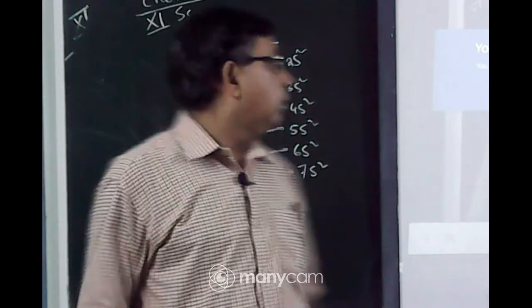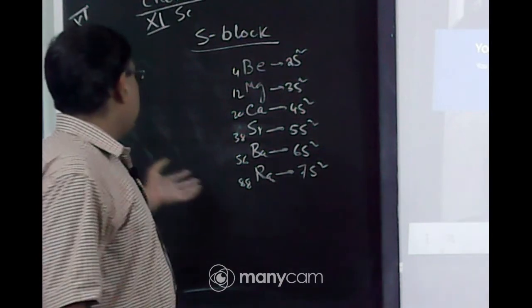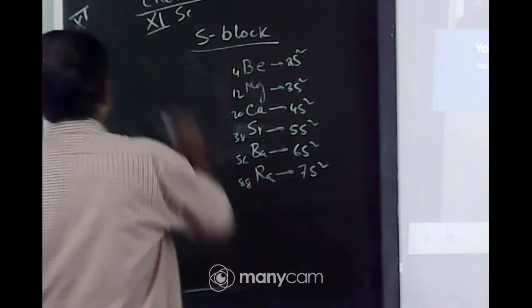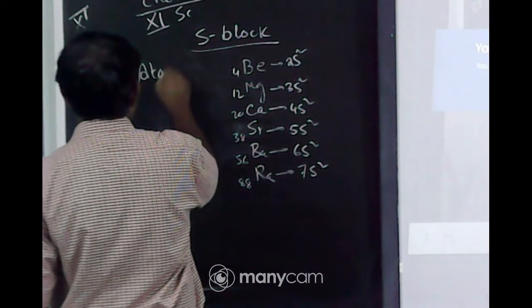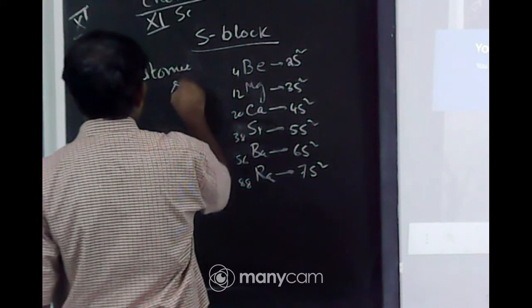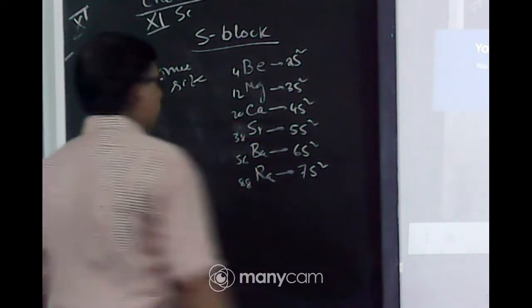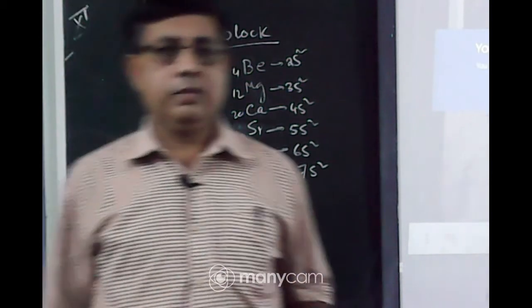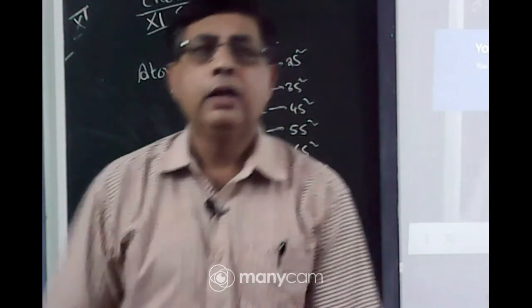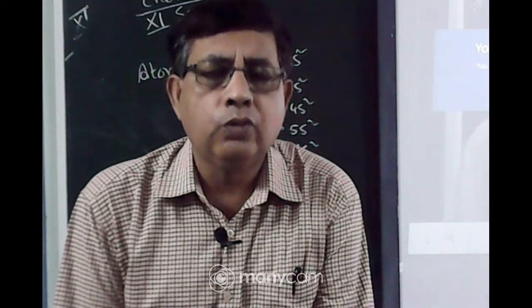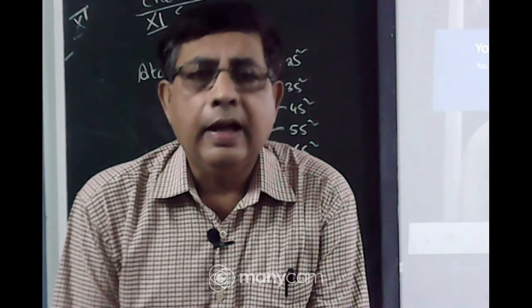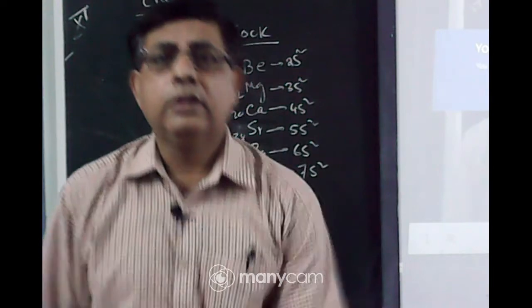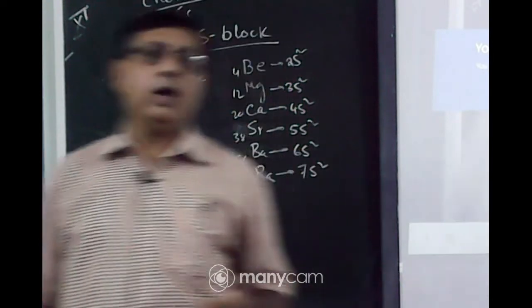Now, what are the general physical properties? First, write the atomic size. The atomic size of the alkaline earth metals is fairly large with respect to other elements of the same period, and the atomic size increases down the group.